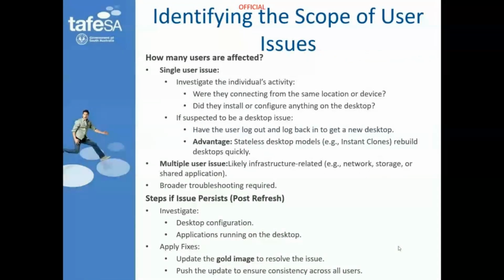So the other thing is identifying the scope of user problems, user issues. Scope means what does it affect, and what doesn't it affect? Sometimes you have a problem, and you might not think: is this a problem that's affecting everyone, or only one single person? Obviously, if it's an issue that's affecting multiple users, you have to look at the components that are common to everyone, such as the network, the virtualization infrastructure, the storage, everything that's common.